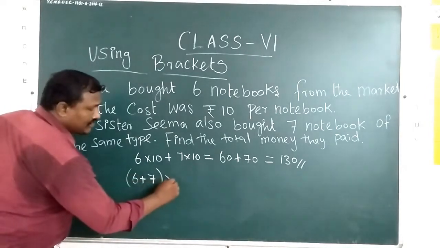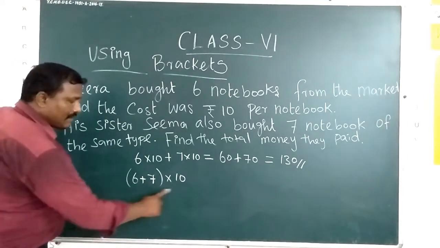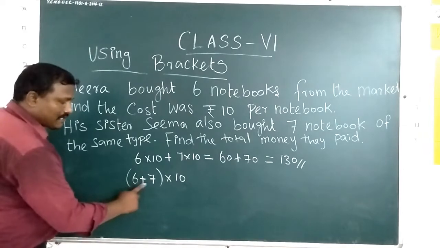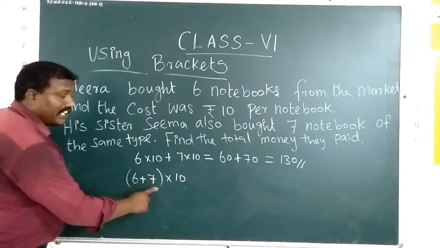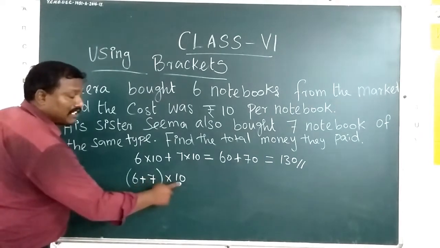So each notebook is 10 rupees. It looks like a mathematical expression: 6 plus 7 notebooks, each notebook 10 rupees. So we have to add first, then after that multiply.